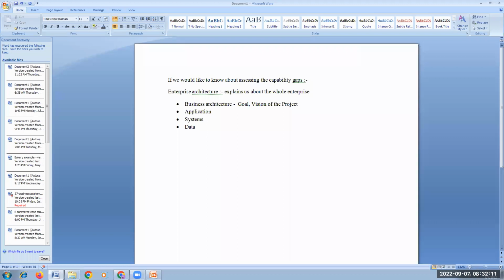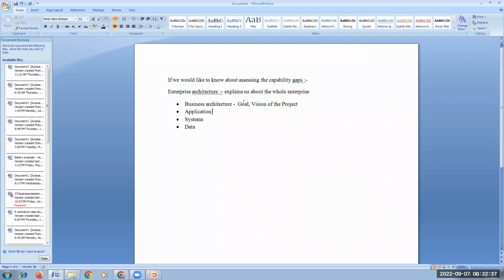So the first thing is the goal and vision; that's what business architecture stands for. This business architecture makes us understand what they want to reach and what they want to define.